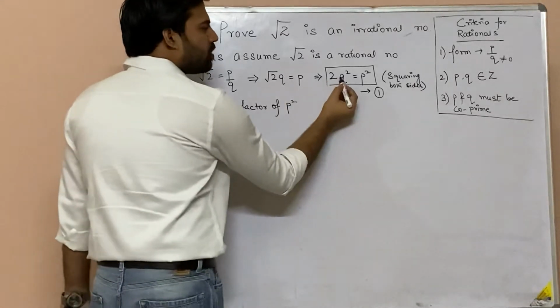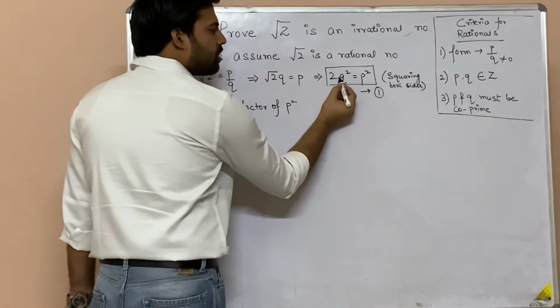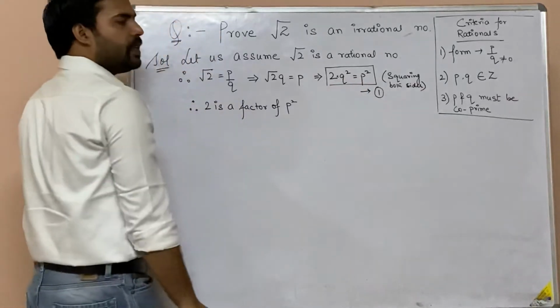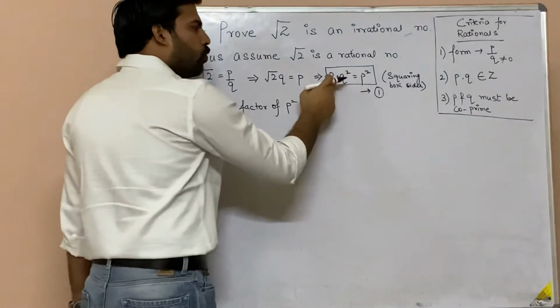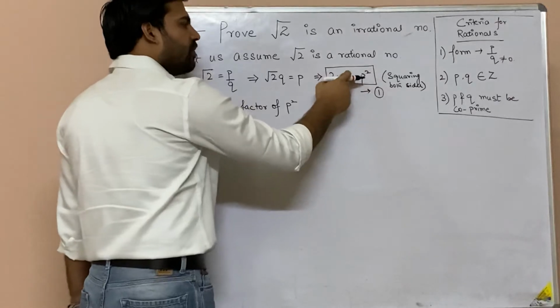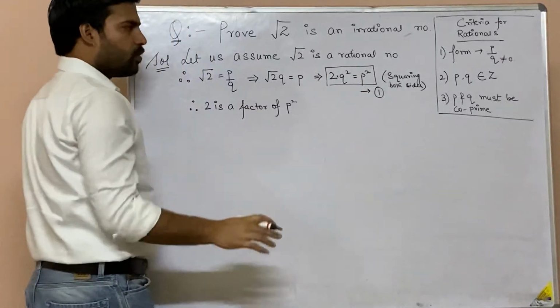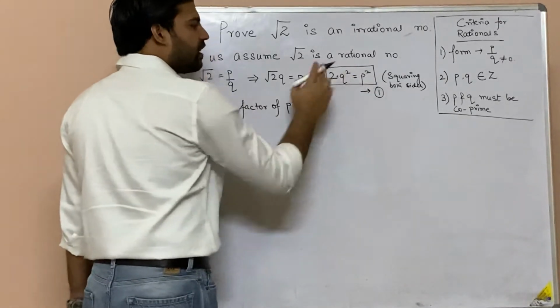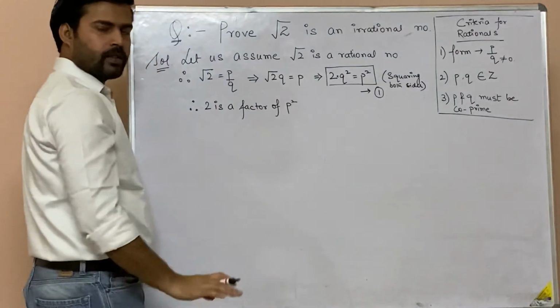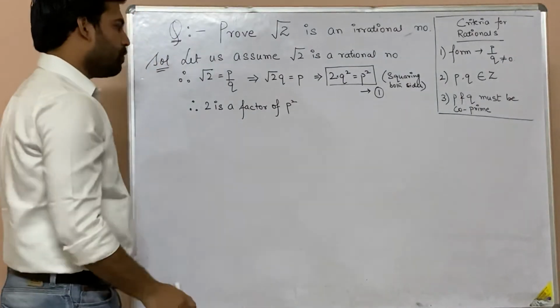That means 2 into something is equal to p square. That means 2 will be a factor of p square, and q square will also be a factor of p square. Forget about it. I am just saying that 2 is a factor of p square. Am I clear or not? 2 is a factor of p square.